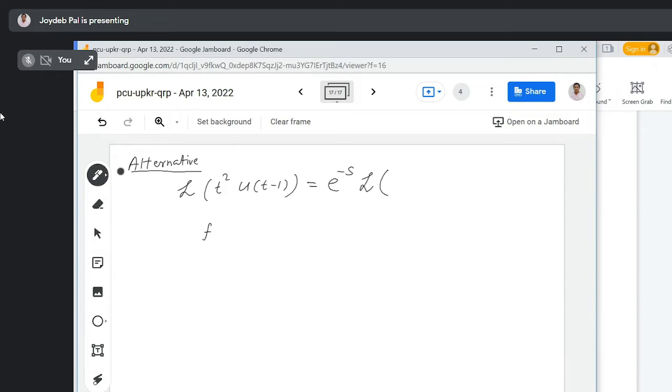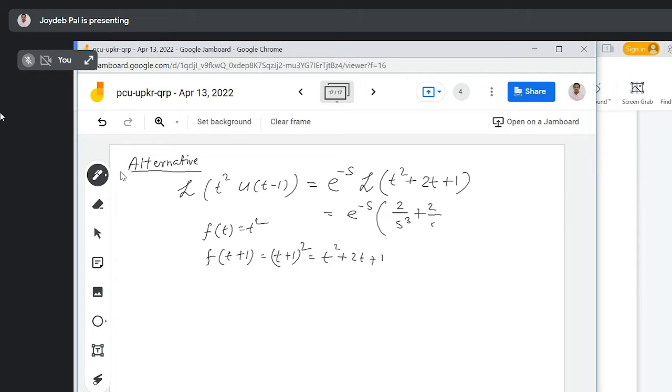So we have to find f(t), which is t square, so f(t plus 1) is (t plus 1) whole square, that means t square plus 2t plus 1. So e to the power minus s into the same thing, 2 by s cube plus 2 by s square plus 1 by s. Isn't it a simple form? Simple way, right?